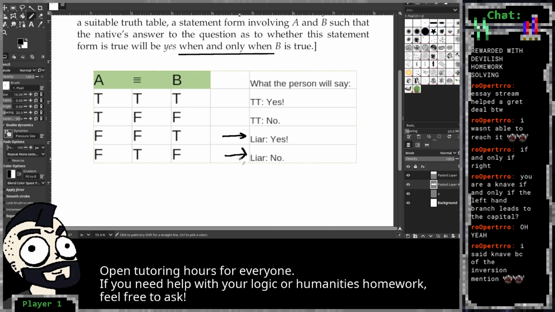Or rather, knaves. If we ask an ape, are you a knight if and only if the road to the capital is to the left? This statement will be false. So they have to say the opposite, and they have to say yes.